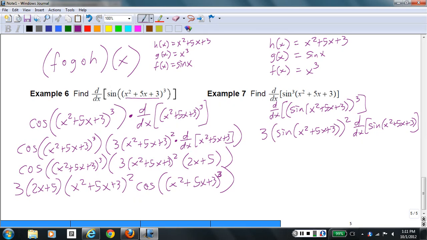Taking the 3 out in front, reducing the exponent to 2, and then knowing not to leave it like that because the chain rule says I've got to multiply by the derivative of what's inside the parentheses, and so I'm going to multiply by the derivative of the sine of x squared plus 5x plus 3.